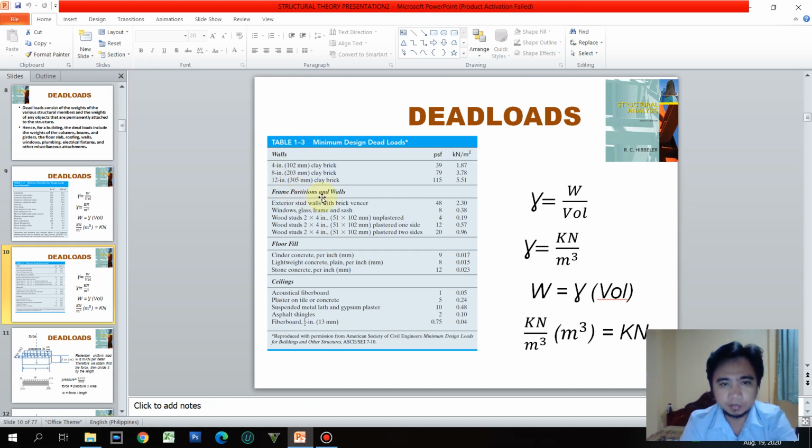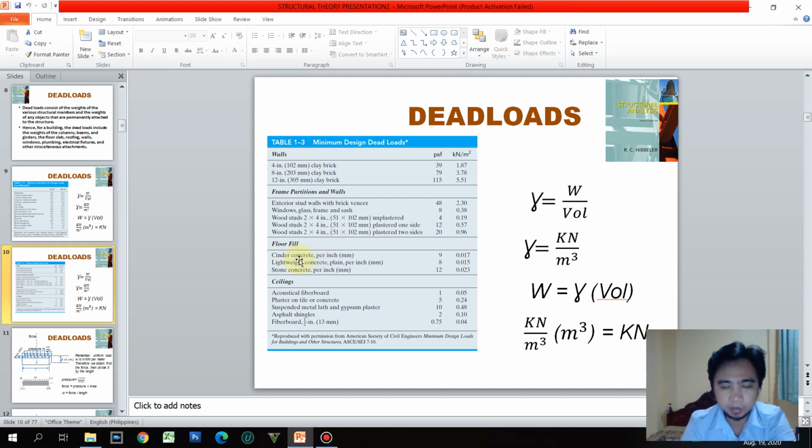As well as the frame and partition walls, this now is expressed in PSF and kilonewton per square meter as well. So for the floor fill, these floor fill are actually derived from table 1-2 on the unit weight.